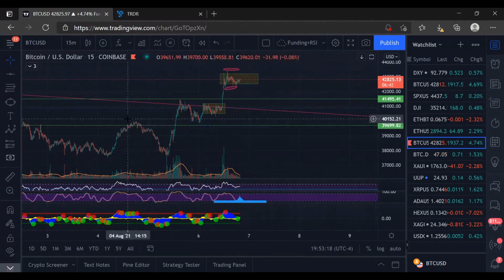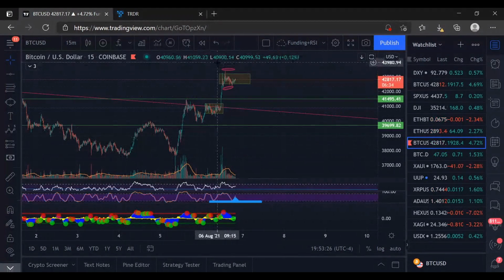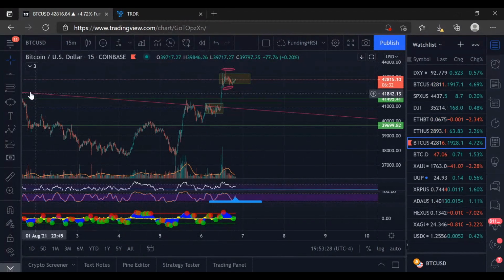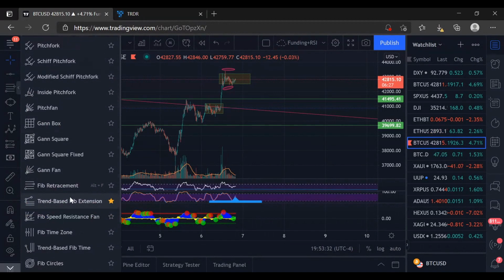ABC, this wave. Yeah, those link together. So this wave is the next wave in the sequence. So if we make it up to, say, 43,800, let's take a measurement of that leg and see what it will look like.